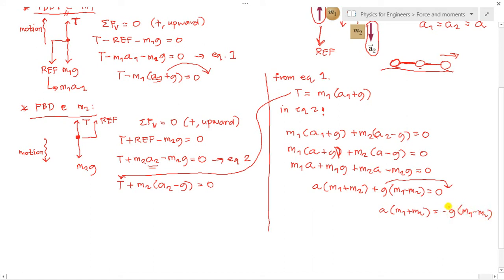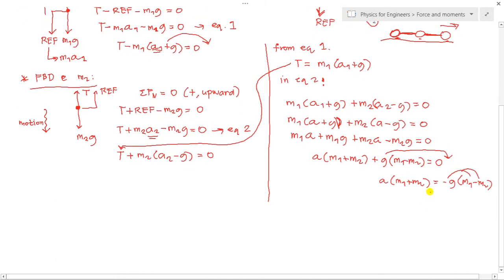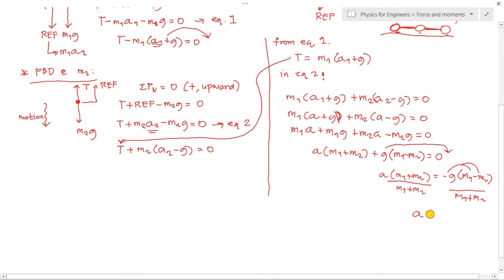I can distribute the negative to the terms inside the parentheses, and then divide both sides by mass 1 plus mass 2. So we now have acceleration equal to g times mass 2 minus mass 1 all over mass 1 plus mass 2.